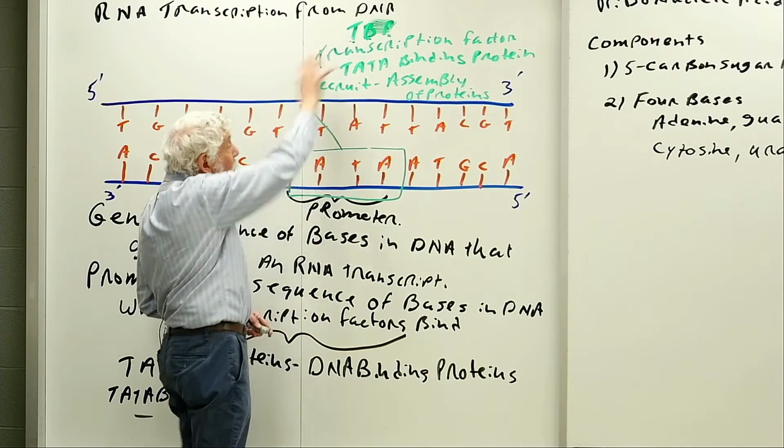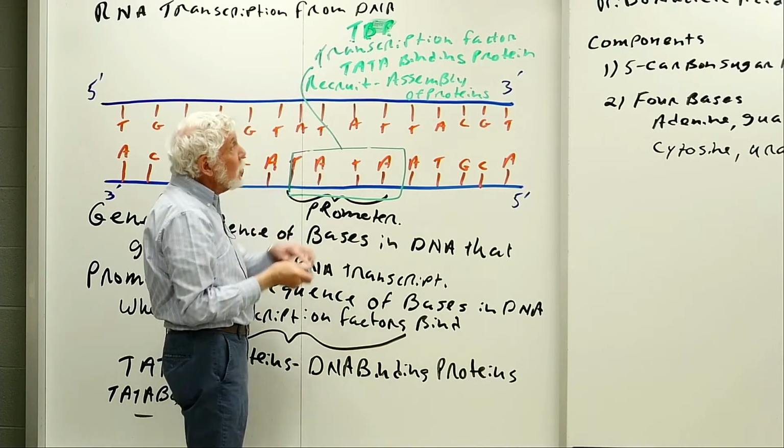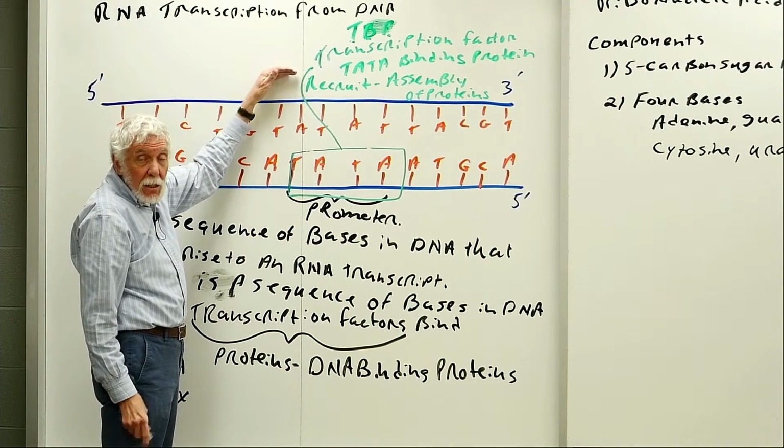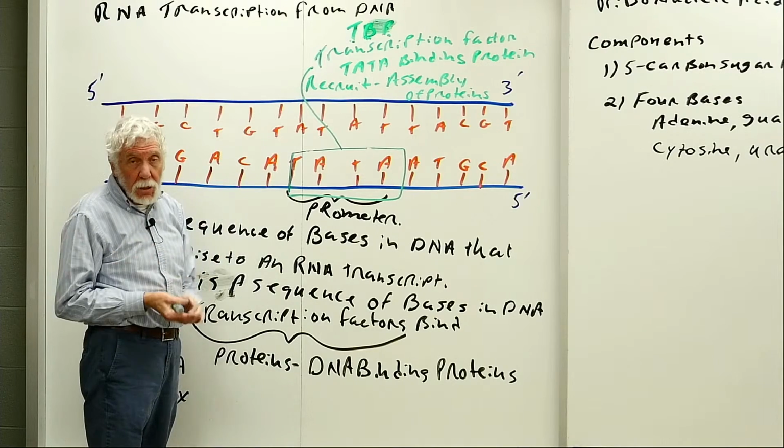So that means we have to recruit another series of proteins, and I won't go into them. If you take a cell biology course, you'll find there are like 12 or 13 other proteins that have to bind to the site that makes a great big lump of proteins.